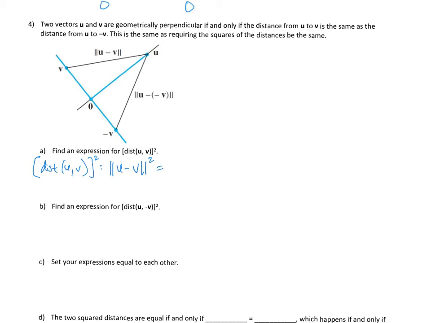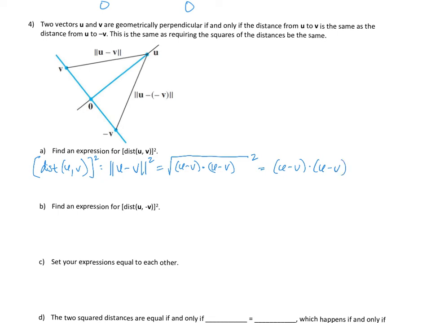And the length of u minus v, the way you calculate that is you do the square root of u minus v dotted with u minus v. And then we're going to square it. So then the square root and the squaring cancel, and you just get u minus v dotted with u minus v.